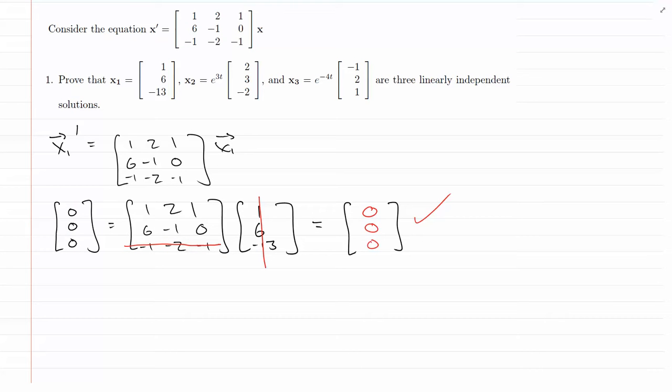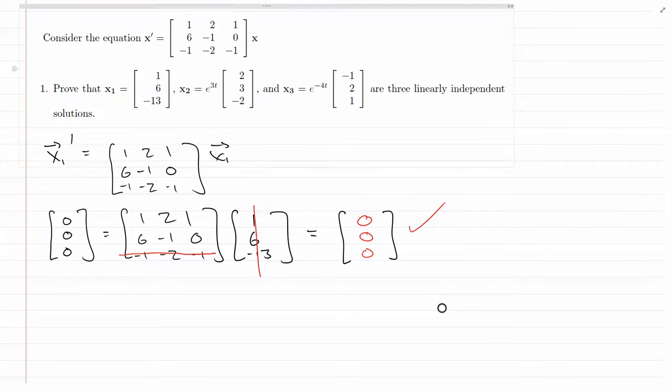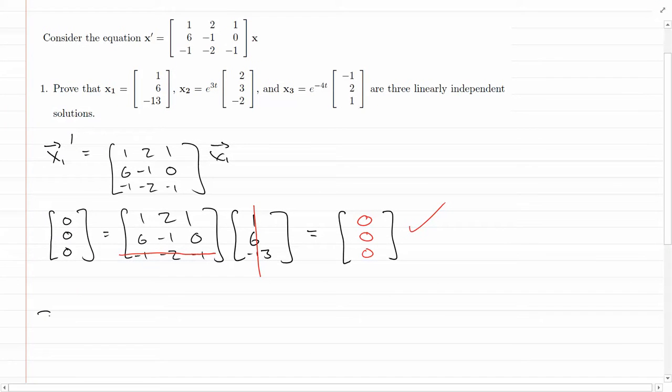What about x2? Well, x2 is right here. It has an e to the 3t, so the derivative of x2 would be 3 e to the 3t times that vector.